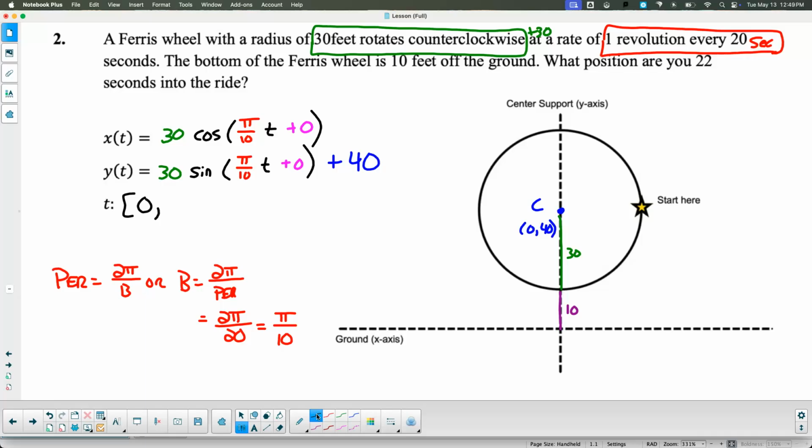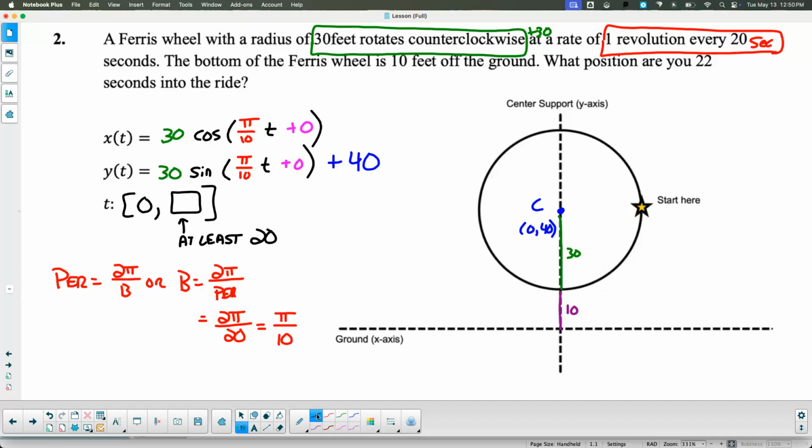What is the smallest value that would give me a complete circle? 2 pi would not get me a complete circle. What do you got? 20, because it takes me 20 seconds to get around. So this number here needs to be at least 20. Okay? I don't care what it is that you put in. It needs to be at least 20.